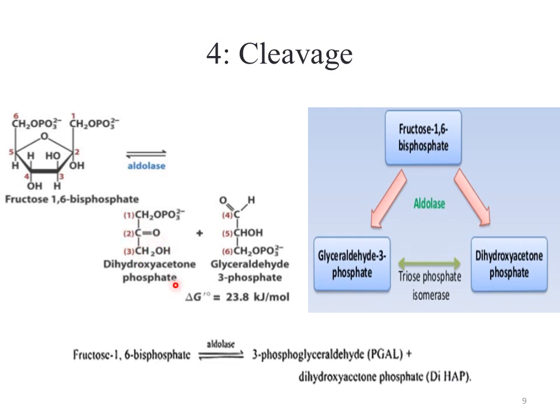So it is cleaved into one acetone 3 carbon compound and one aldehyde 3 carbon compound. Here you can see the simple form, fructose 1,6 biphosphate, bifurcated into glyceraldehyde 3-phosphate and dihydroxyacetone phosphate. And it is also interesting to know these two lines between the equation with arrows on both sides represent that it is a reversible process.